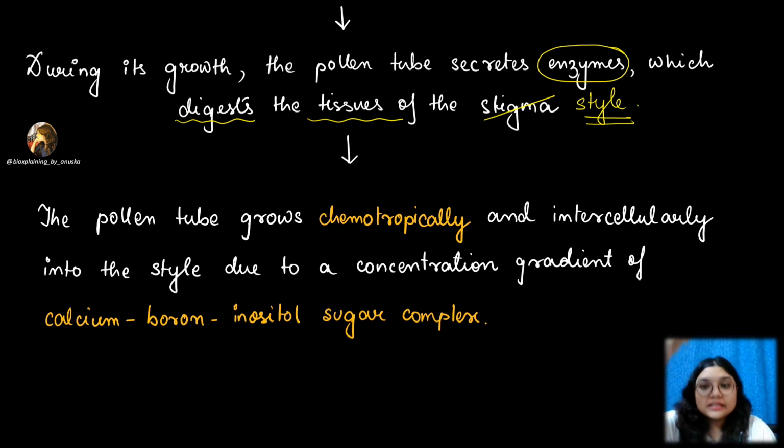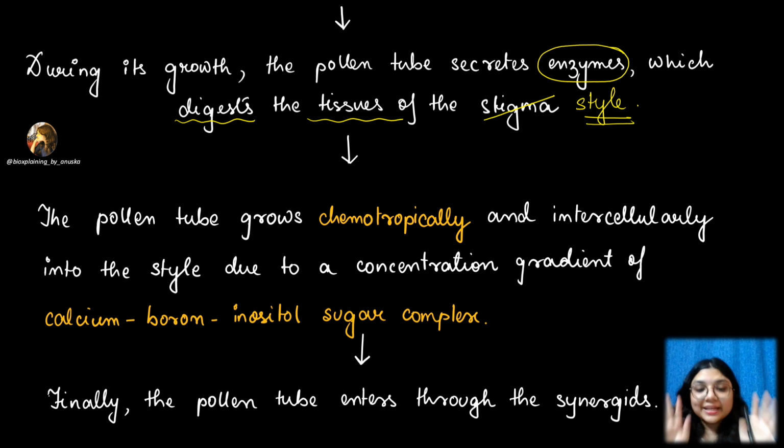That is, in the stigma, there is a concentration gradient of calcium, boron and inositol sugar complex. And due to this, the pollen tube keeps on extending downwards until it reaches the ovule. Getting it? So finally, what will happen? The pollen tube will be entering the embryo sac through one of the synergids. I guess we are clear till now?